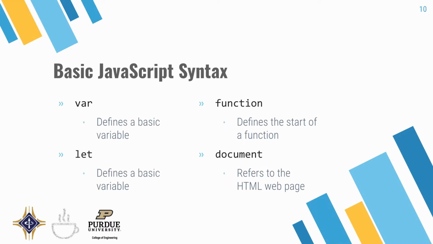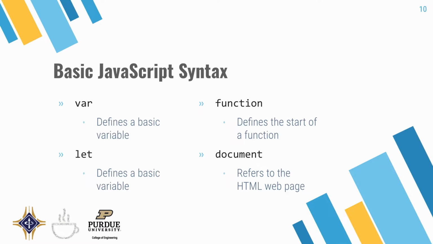So this is just some of the basic syntax, mostly for declarations. The var keyword creates a basic variable that can be changed. Then let is another form of variable. That's the variable we're going to be using in this class. It's safer, but both of them create variables that can hold numbers, strings, words, however you want to do that. Then function is just the start of a JavaScript function. These are really important to JavaScript.